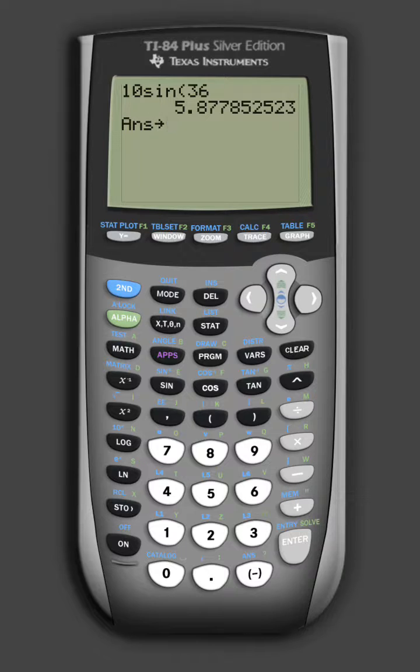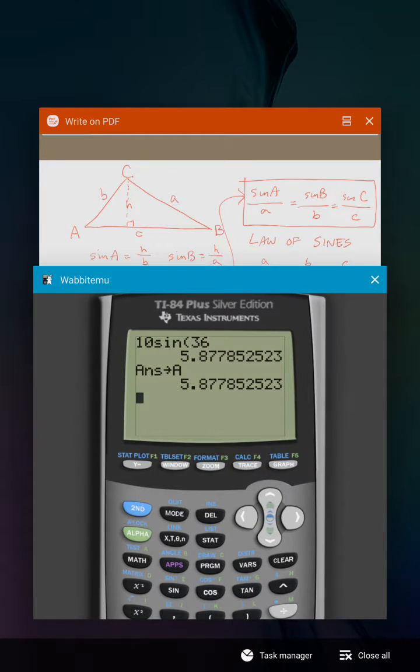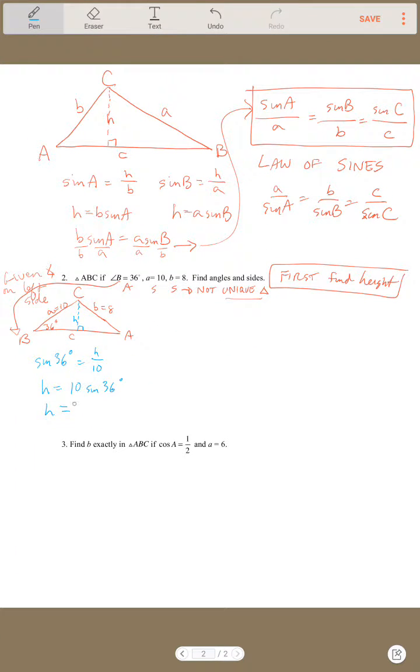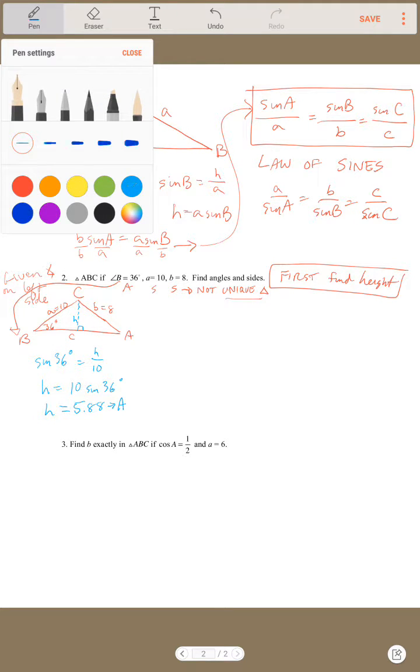I'm going to store this as A, just so I can use that number later on. So our h value is 5.88, but I remember that it's stored as my A value in my calculator. Now, because that's 5.88, notice what happens. I'm going to make this a little bit bolder so you can see it. Let's do this.